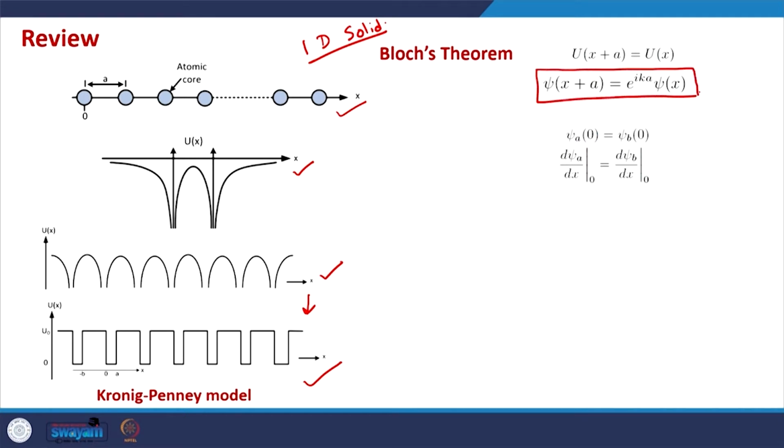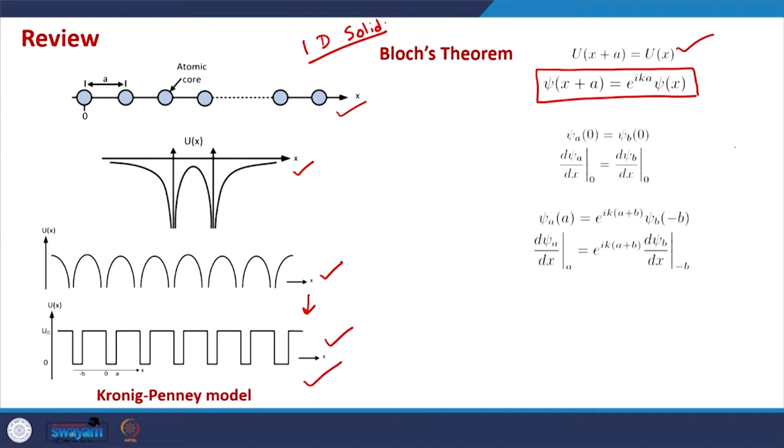the electronic wave function when we have a periodic potential. By using Bloch's theorem, we can solve the Schrodinger equation in the KP model potential energy. And this is what we were doing. After solving the Schrodinger equation, we used boundary conditions.